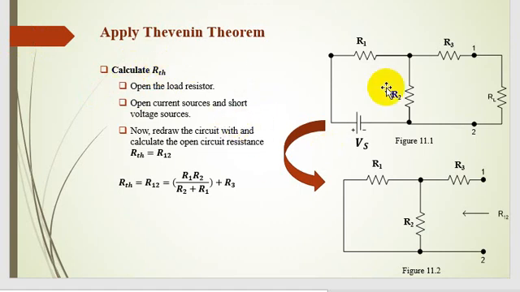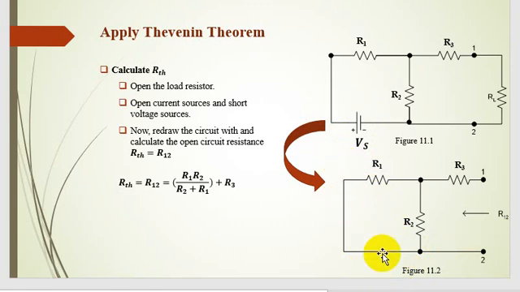The first step is to remove the RL, open the current source, and short circuit the voltage source. Here in this original circuit we have a voltage source, so that's why in the modified circuit we short circuit our source voltage.